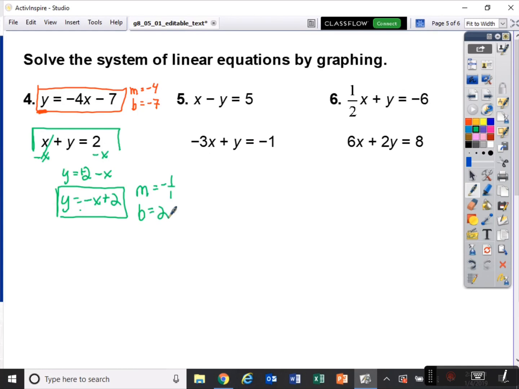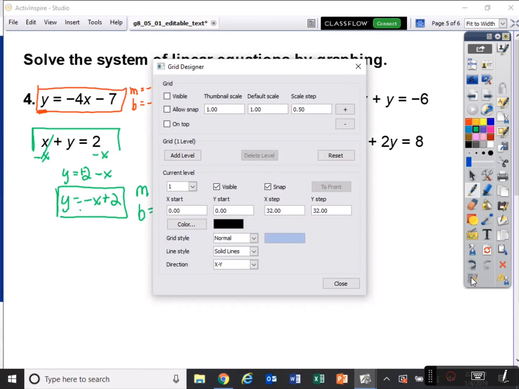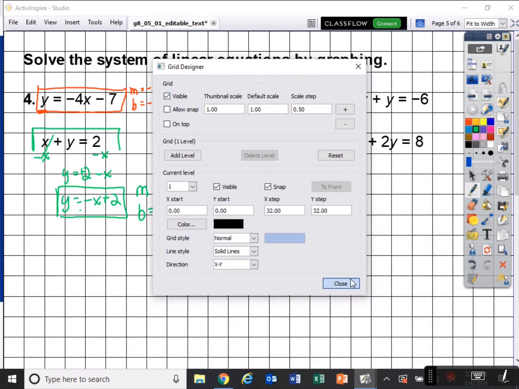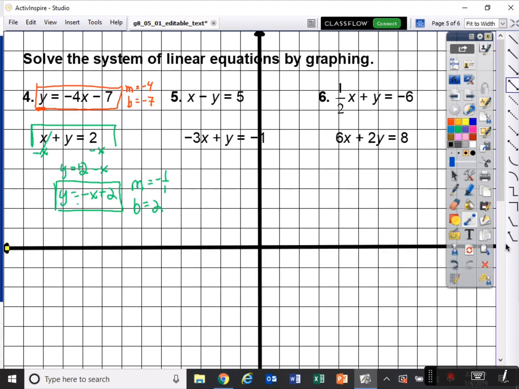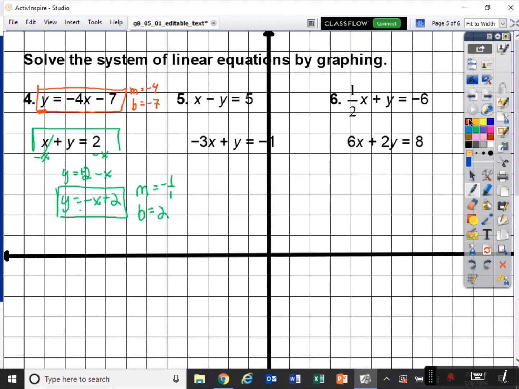Okay? So now that I have all that information for both of them, we can graph it. Okay, so from our red one, y-intercept's negative 7.